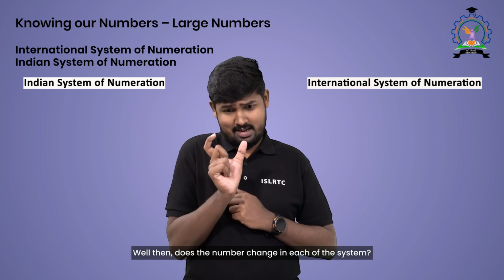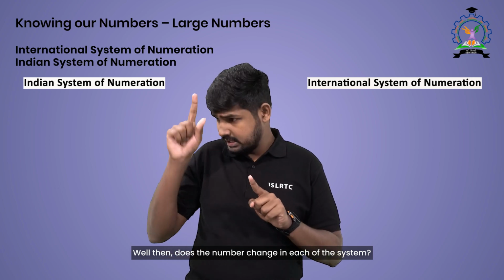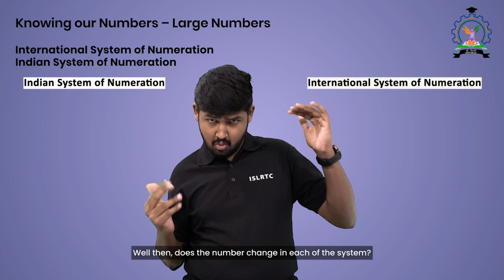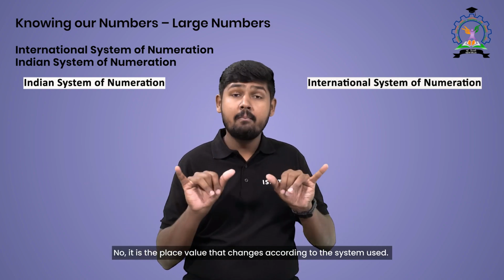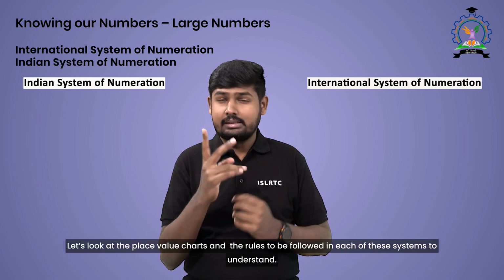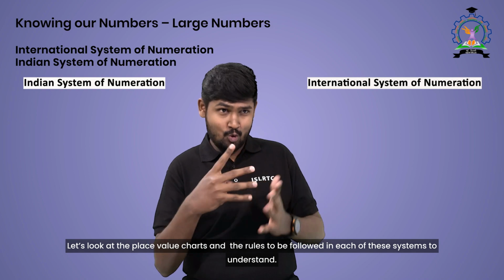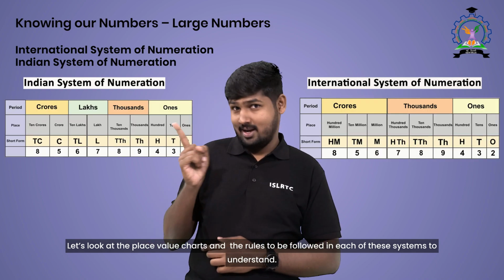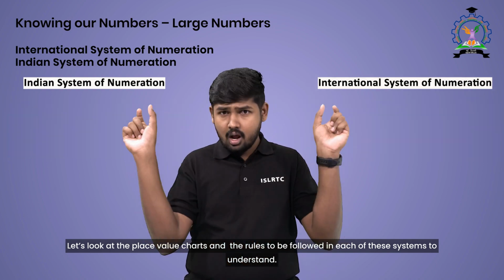Well then, does the number change in each of the systems? No, it is the place value that changes according to the system used. Let's look at the place value charts and the rules to be followed in each of these systems to understand.